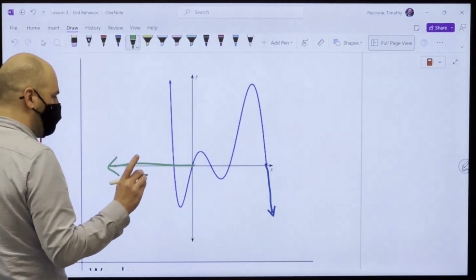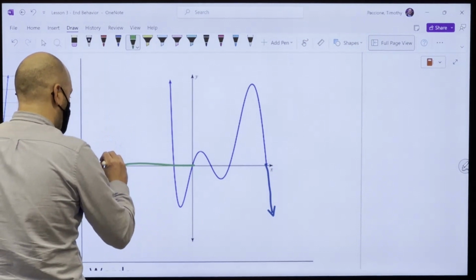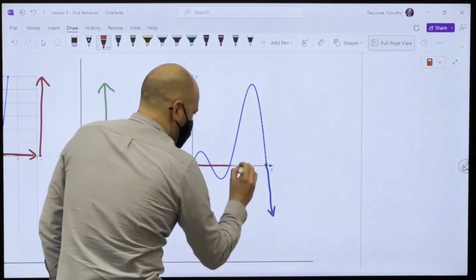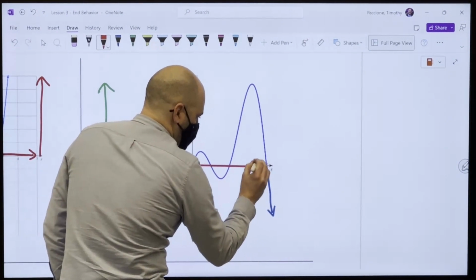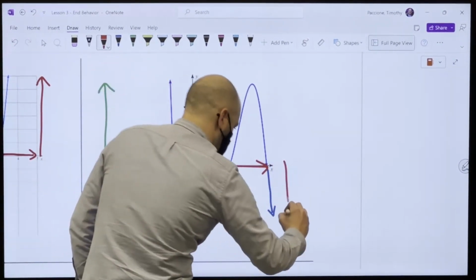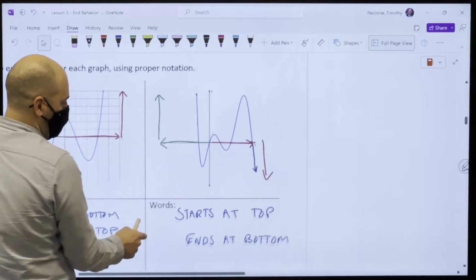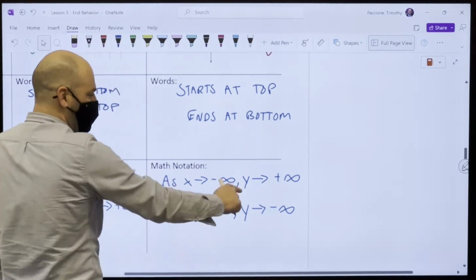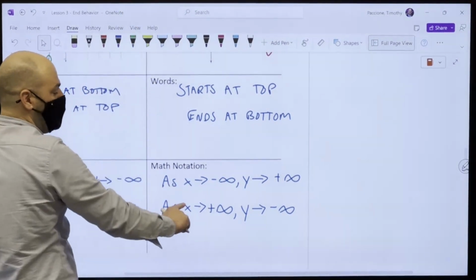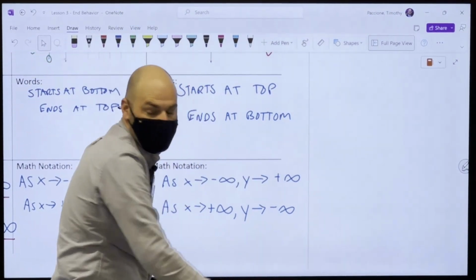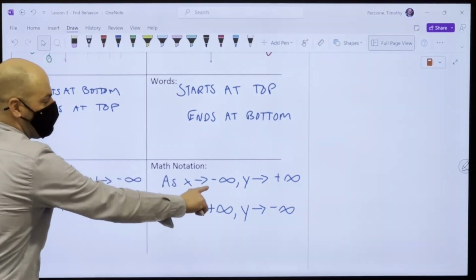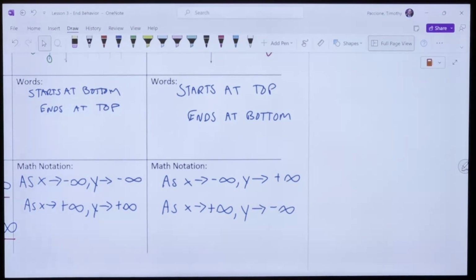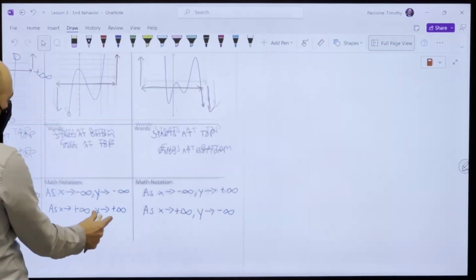As x goes to negative infinity, y goes to positive infinity. As x goes to positive infinity, y goes to negative infinity. Perfect. That's essentially saying starts at the top, ends at the bottom. As you go left, you go up. As you go right, you go down. That's end behavior. That's how you write it.